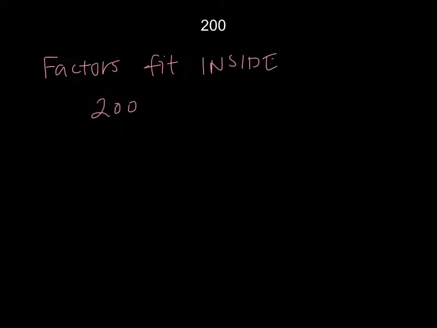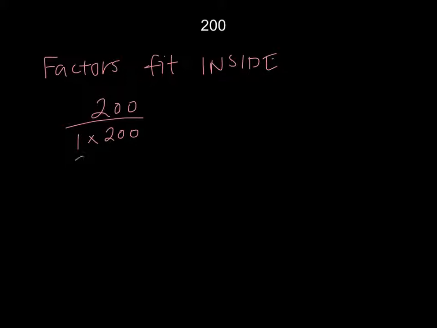Now let's try a larger number. So let's find the factors of 200. And I know that factors fit inside. And I'm going to list my math facts for 200. Starting with 1 times 200 equals 200.